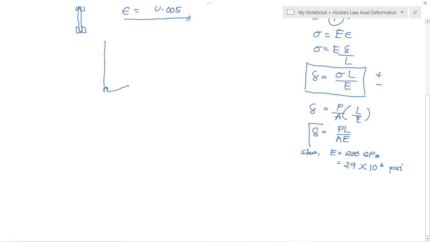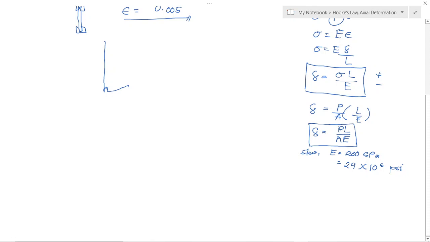So, this is applicable only class for a homogeneous material. These are the reminders for the use of this equation. The Greek letter delta is the total deformation, either lengthening or shortening, depende kung ang force P is compressive or tensile.